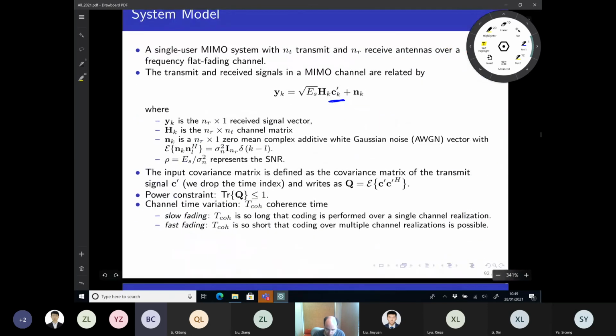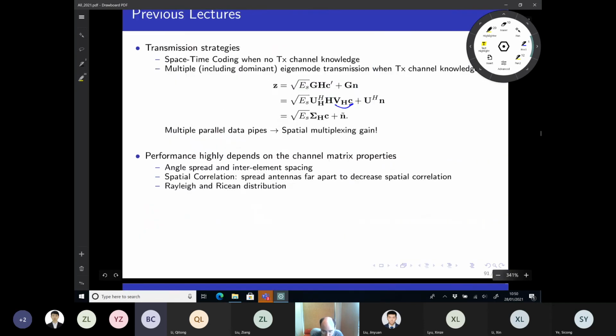The system model remains the same, and what we're going to see is that when we look at the rate, we're always going to assume that if I have a Shannon expression, it means I have Gaussian signaling. That means I have Gaussian input, and because I have vectors now, I can compute a covariance matrix. So a lot of the rate expressions we'll see will be a function of the covariance matrix of the input. This covariance matrix will be a function of the kind of pre-coding that I may have when I have channel state information at the transmitter, when I know H at the transmitter.